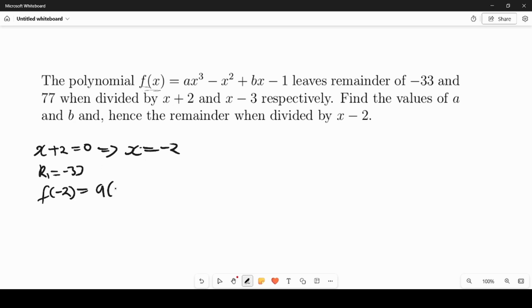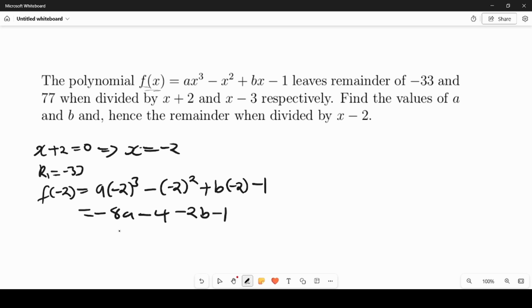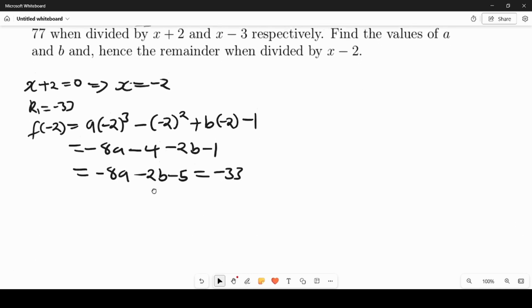We have a times minus 2 cubed minus minus 2 squared plus b times minus 2 minus 1, and then you get minus 8a minus 4 minus 2b minus 1. This is going to be minus 8a minus 2b minus 5. This should be equal to the first remainder, negative 33. So now this is your first equation.